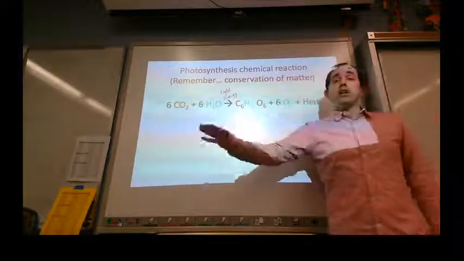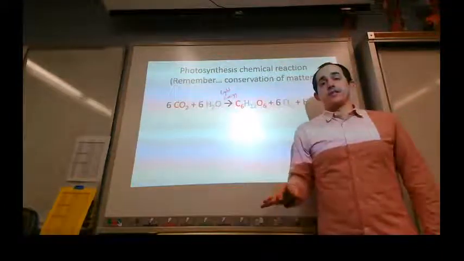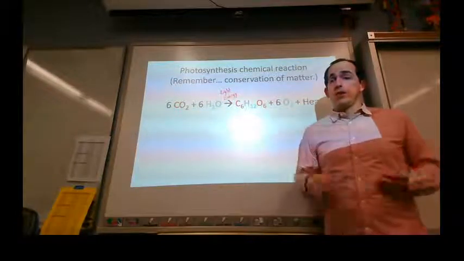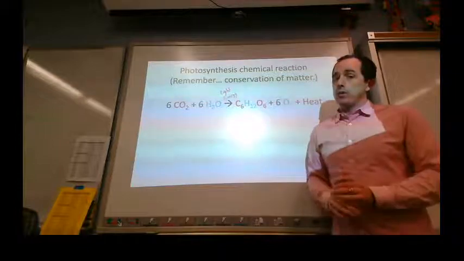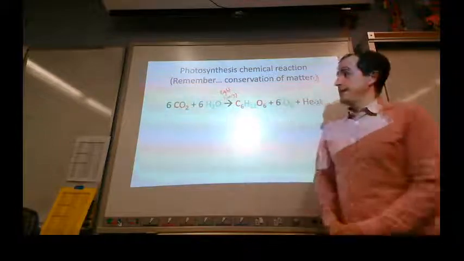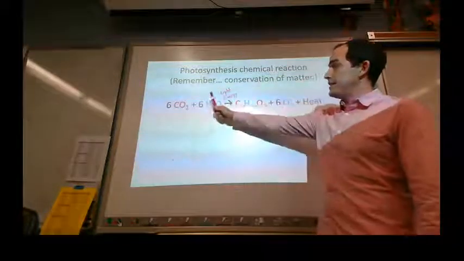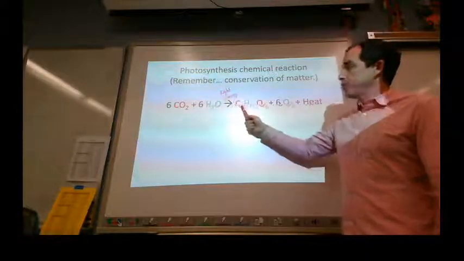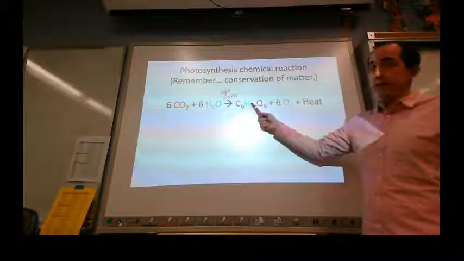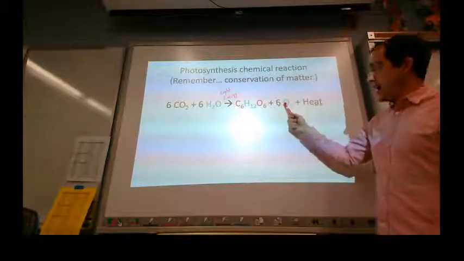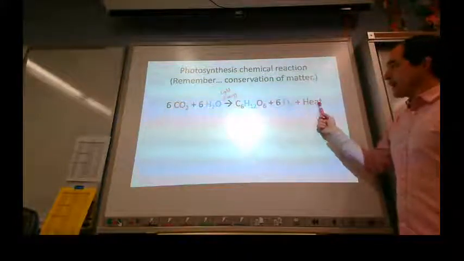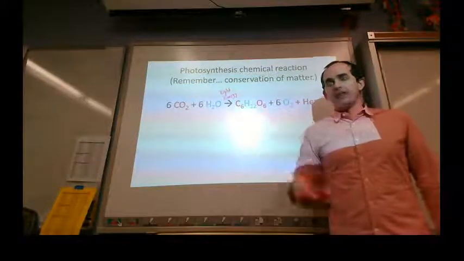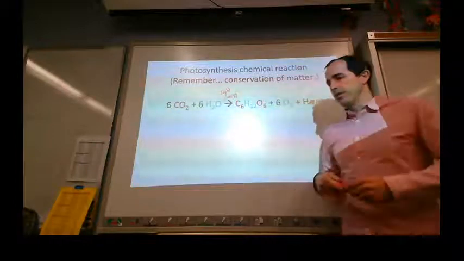As we go through the process of photosynthesis, the major questions that we are trying to answer are, why is it important that a plant takes in carbon dioxide, takes in water, uses light energy to create sugar, C6H12O6, glucose, and oxygen, and then obviously we're going to have a little bit of energy released as heat because we have all of these chemical reactions occurring. So we're going to give off a little bit of heat.